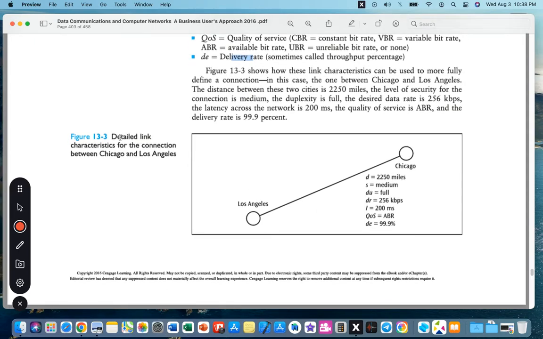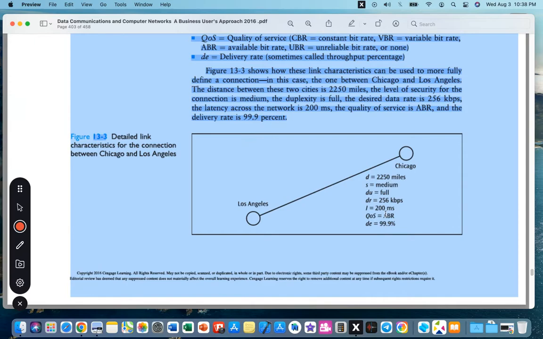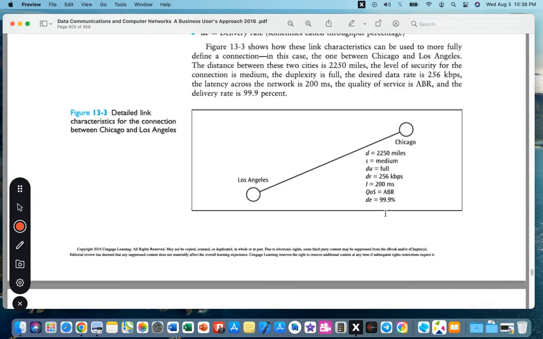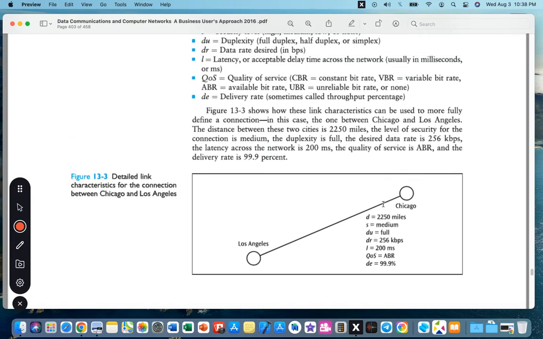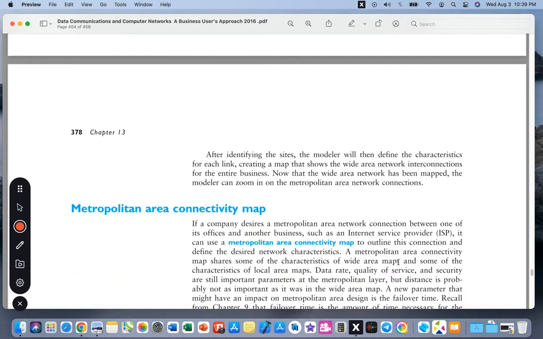They put all these parameters on the line with their values: the distance, the security, full duplexing, the data rate, the latency, the quality of service. ABR stands for available bitrate, and the DE is the delivery rate, 99.9.